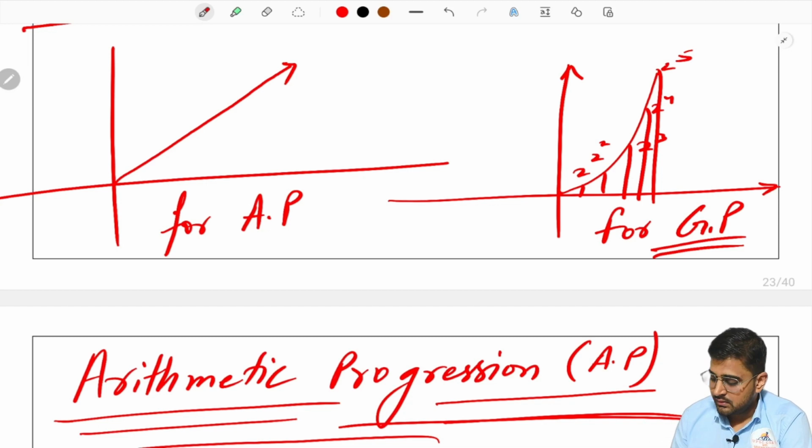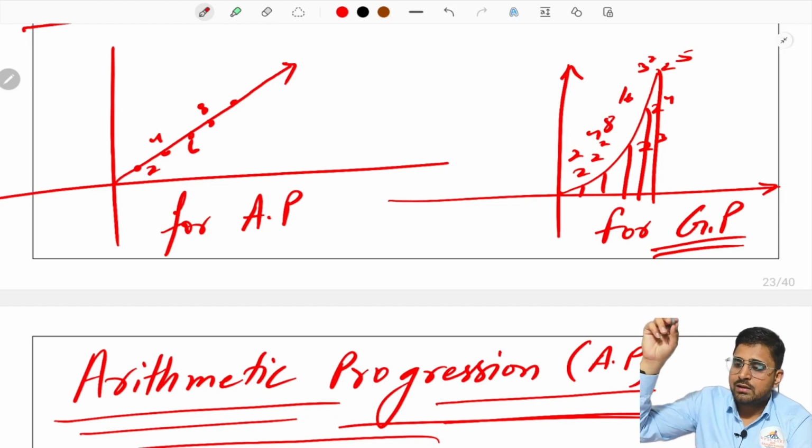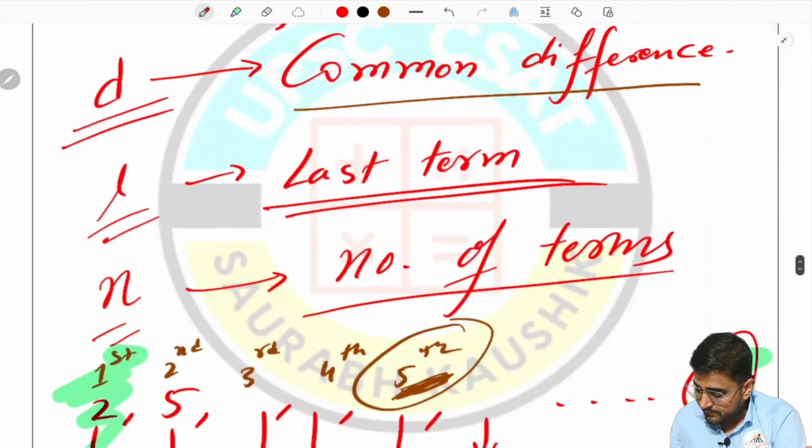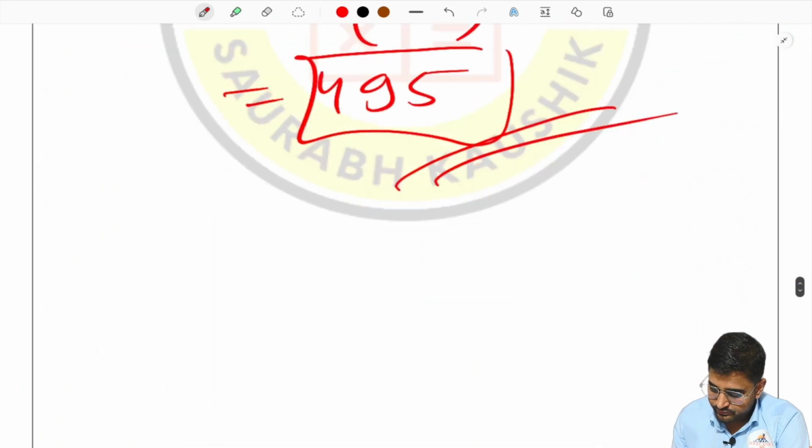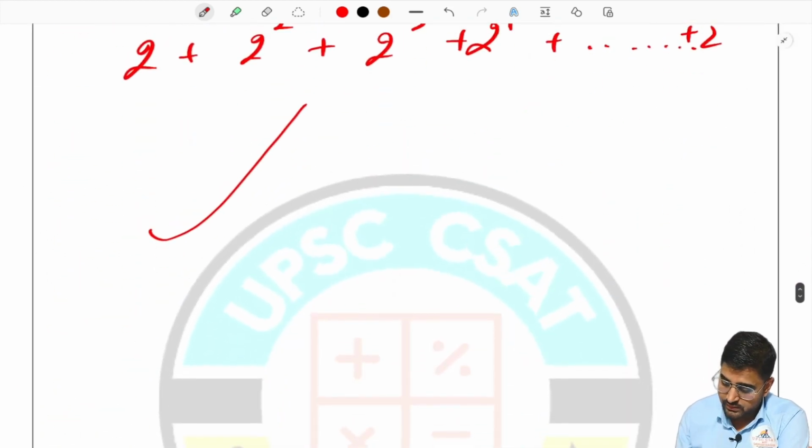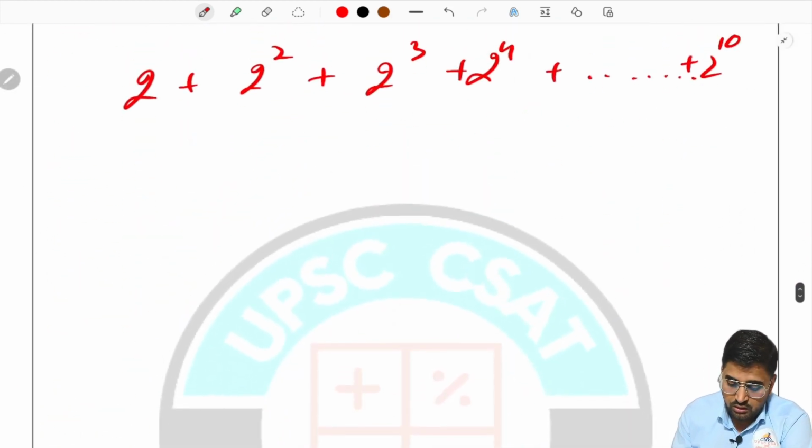Rampant increase. That's the property of GP: 2, 4, 8, 16, 32, 64. Very exponential increase. This is the GP. So how can we calculate things?